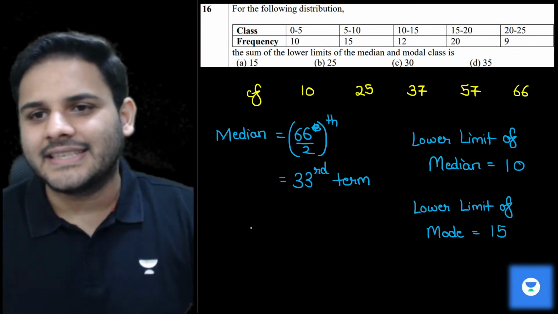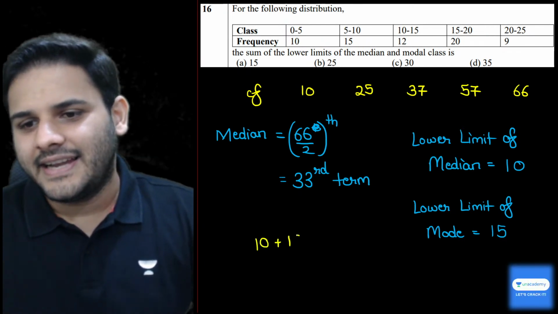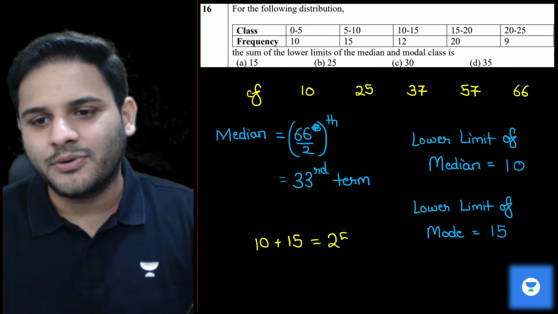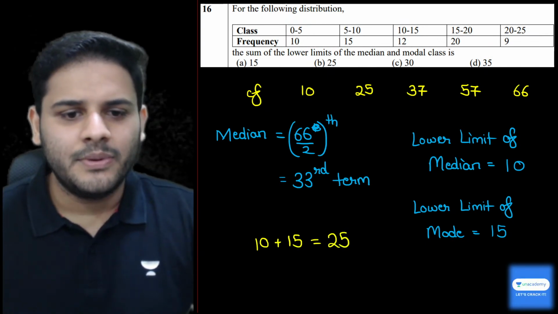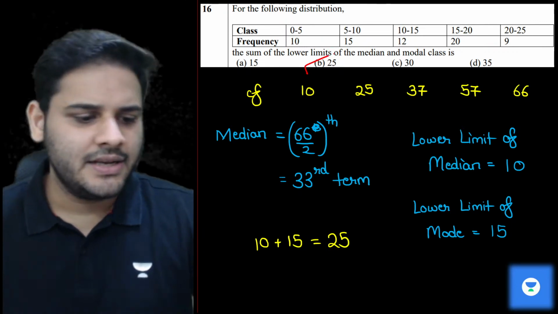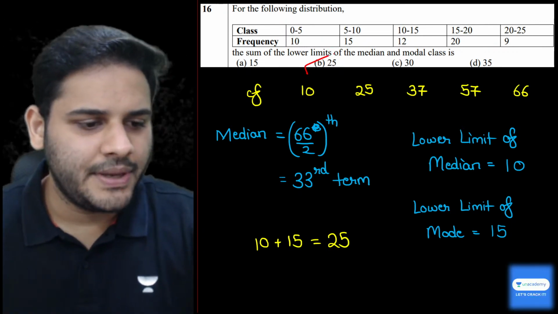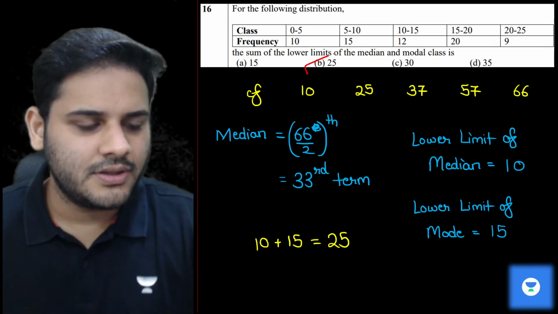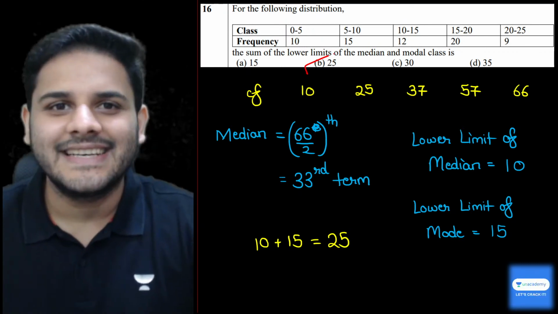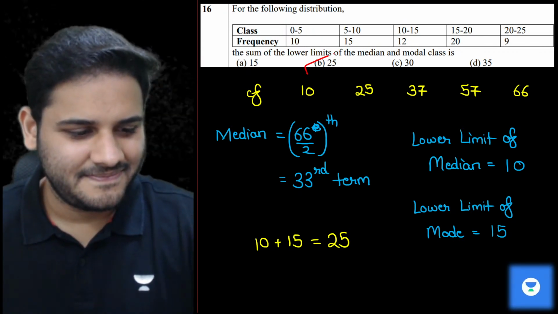So the correct answer is 10 plus 15 is equal to 25. Whichever option is correct, you will select. So the correct option is B.